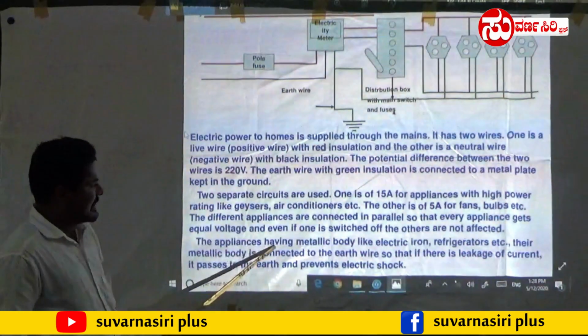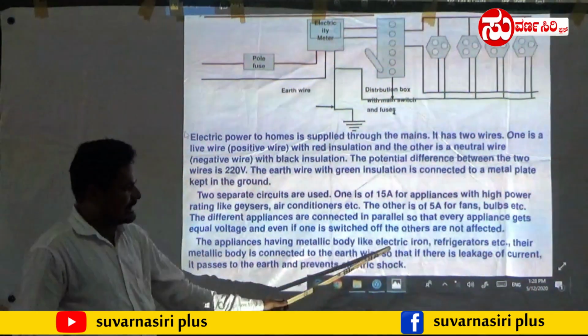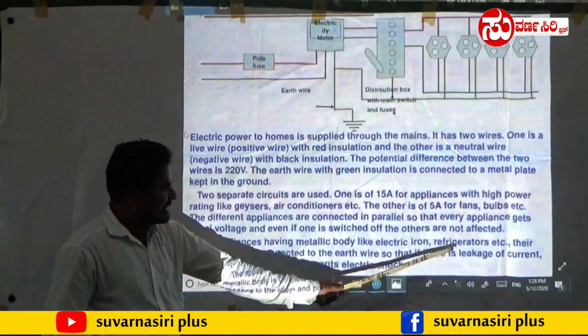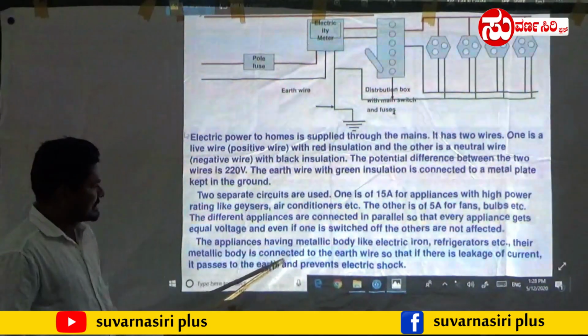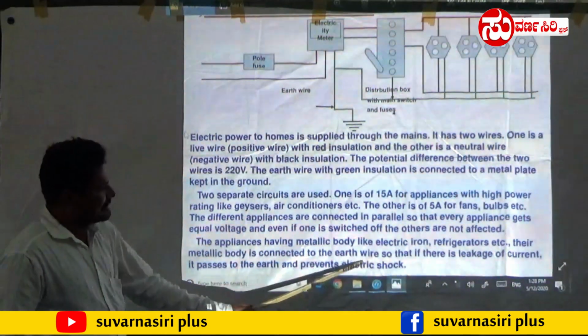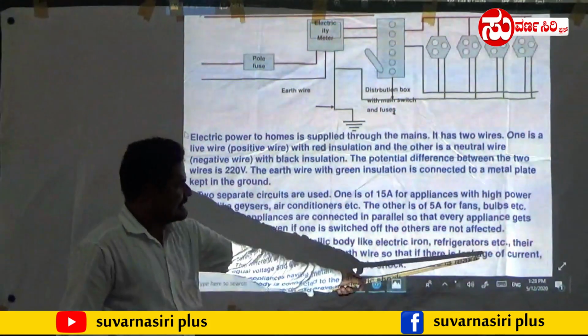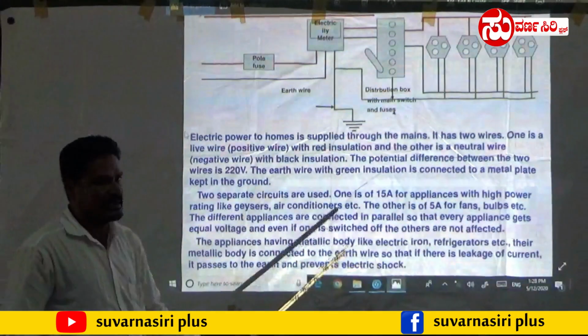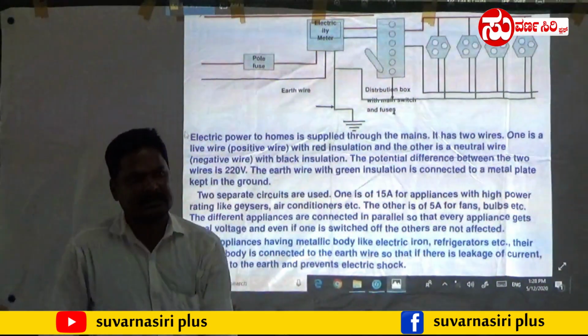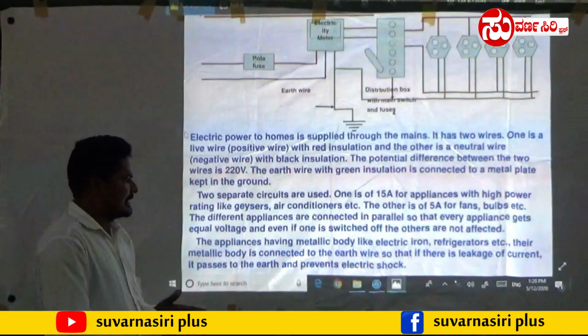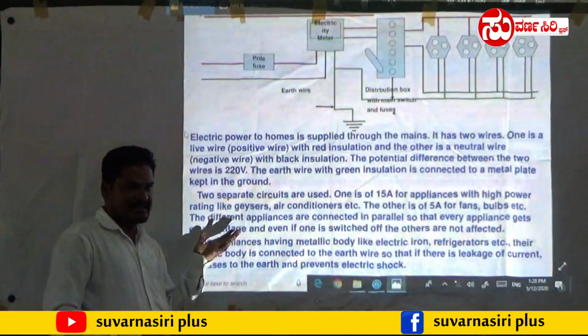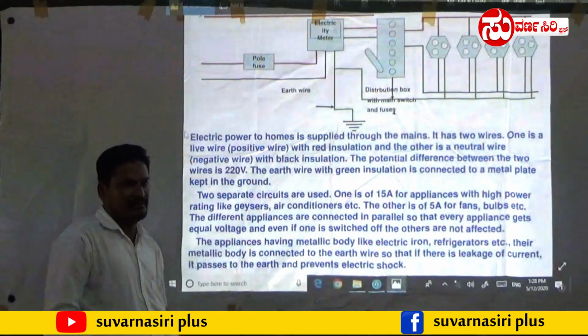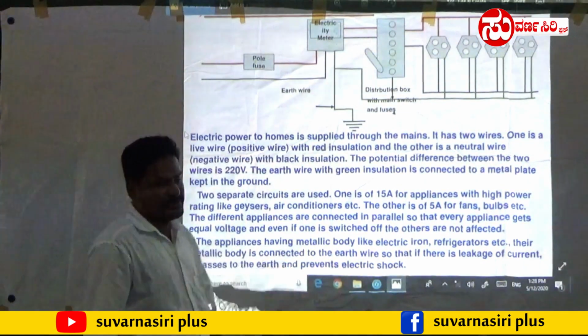Appliances having a metallic body like electric iron and refrigerator have their metallic body connected to the earth wire, so that any leakage of current passes through the earth and prevents electric shock. I already said that earthing is very necessary, because if any leakage of electric current happens, it will flow through the earth and be removed.